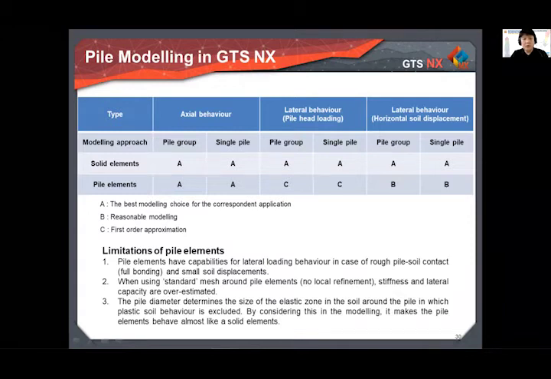It is known that the pile beam element is typically good for the axial behavior compared with the solid element, but in the case of lateral behavior, it is expected that it is better to use the solid element rather than the pile beam element.